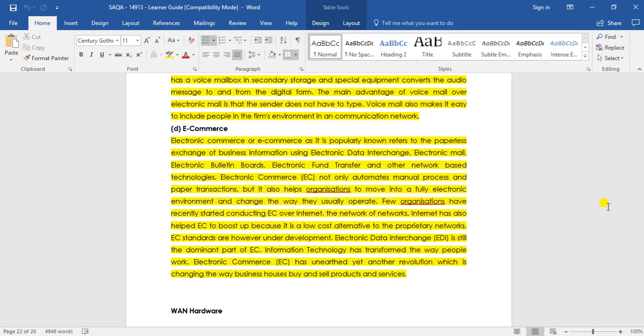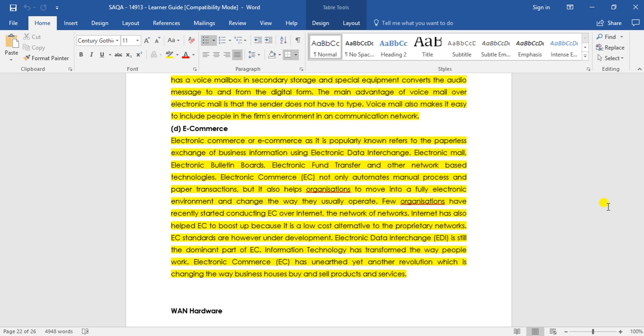Electronic commerce not only automates manual processes and paper transactions, but also helps organizations move into a fully electronic environment and change the way they usually operate.